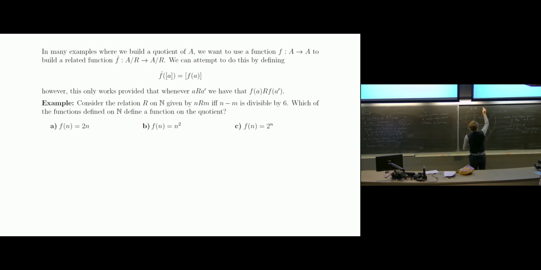So f is the remainder, and if you like your fancy notation, this is n mod 3. You've seen that before. It's just n mod 3.